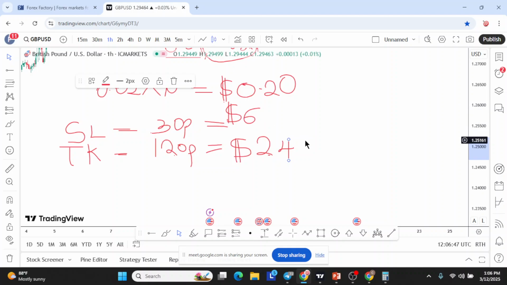If you have a small amount and you are using the standard lot size, you can see that is a wrong lot size to use for that account. That is a totally wrong lot size. You are looking to double what you have, but that is not how to trade.